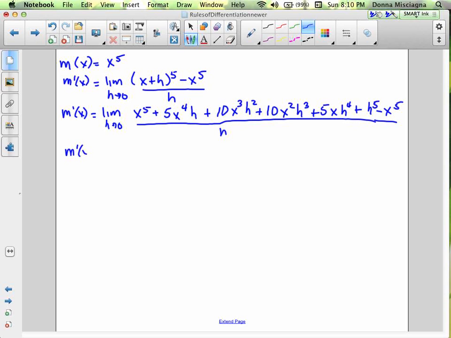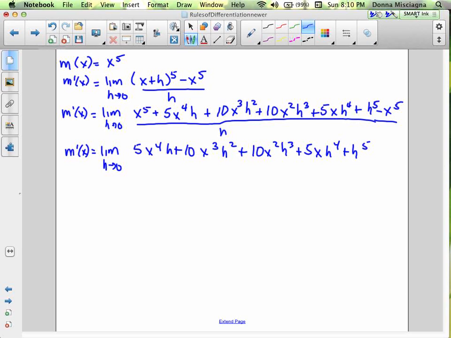So m prime of x equals the limit as h approaches 0 of 5x to the fourth h plus 10x cubed times h squared plus 10x squared h cubed plus 5x h to the fourth plus h to the fifth, all divided by h. Let's factor out the h.